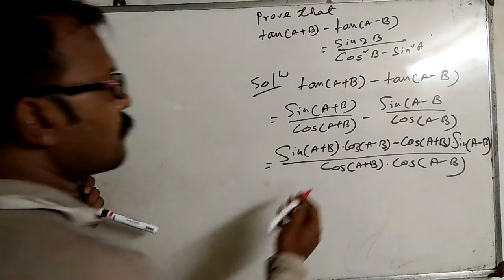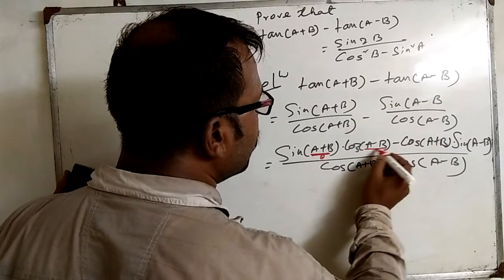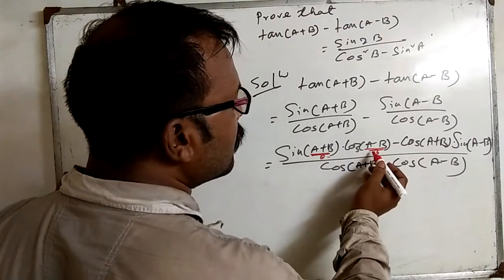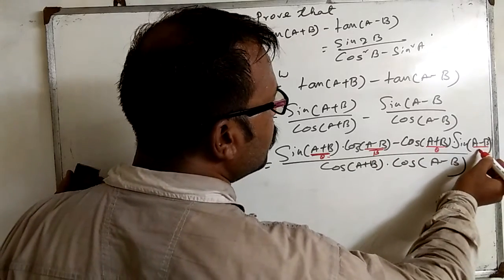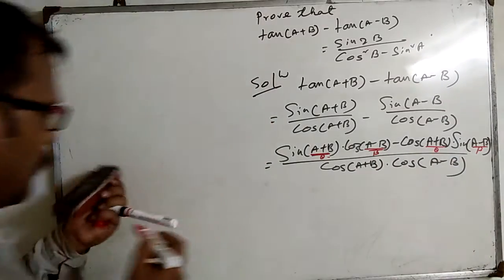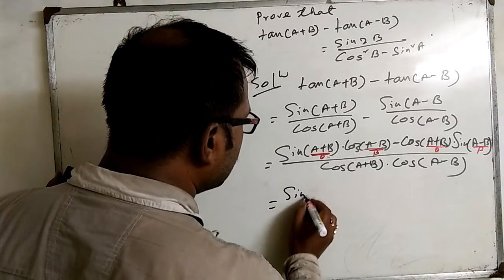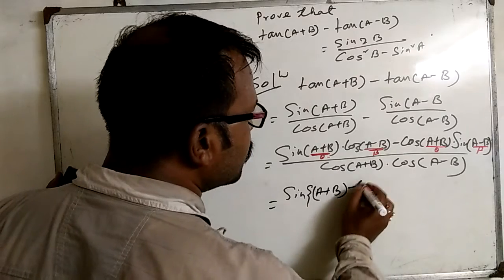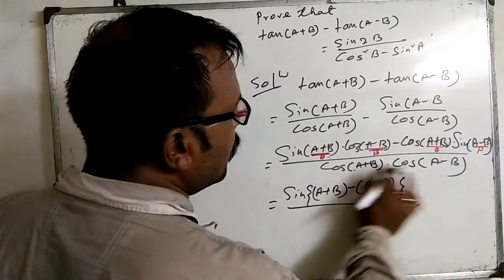Here a plus b will be theta and a minus b is beta. So sin theta cos beta minus cos theta sin beta. So that will be sin of a plus b minus a minus b, and that will be a formula.